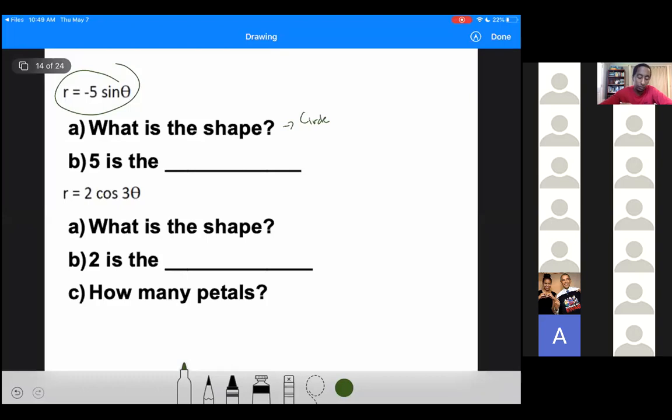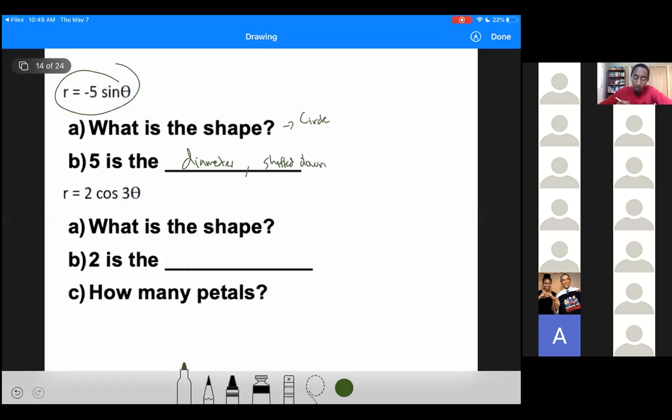So Tanvi, what's the 5 gonna tell us? The diameter, and like if it shifted, like how far it shifted. Okay, so it's gonna tell us the diameter, and in this case, it would be shifted down, left, up, what? It will be shifted down 5. Why?